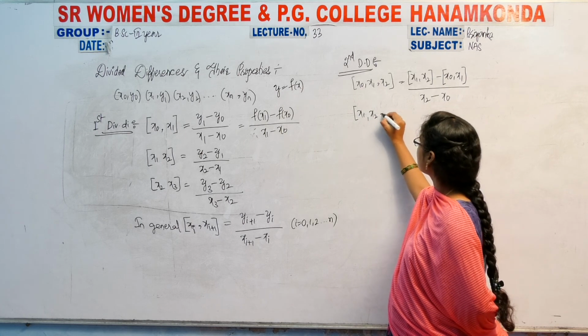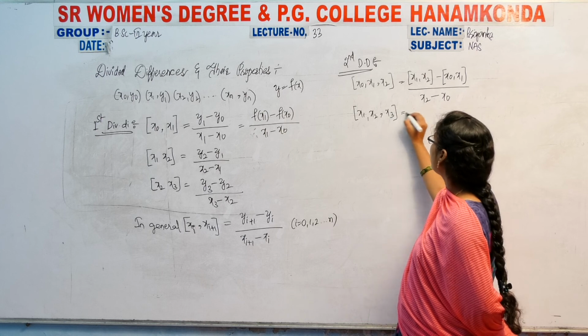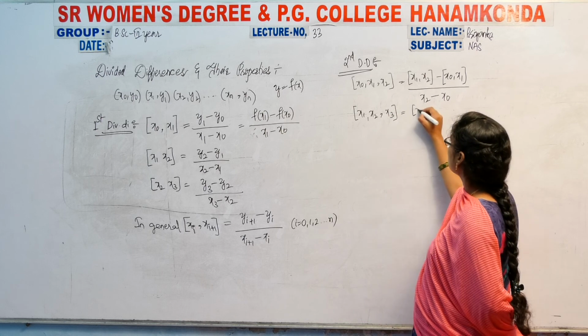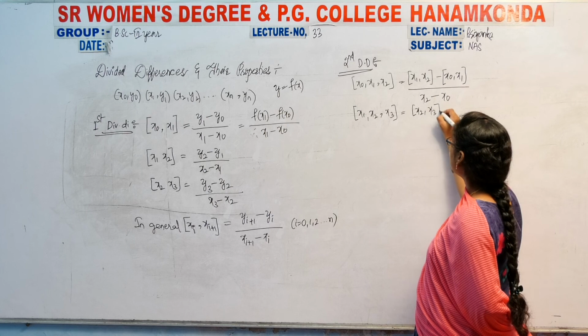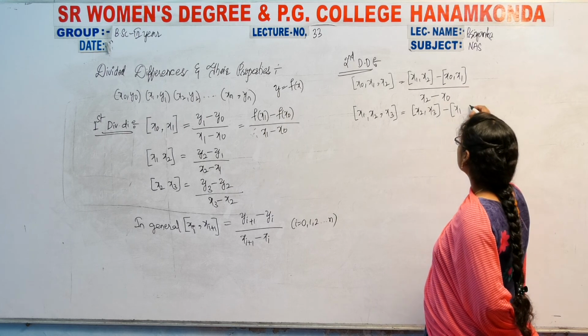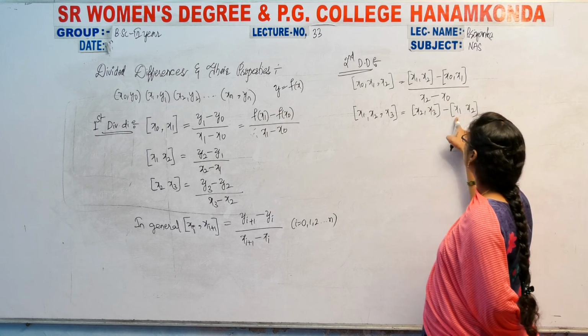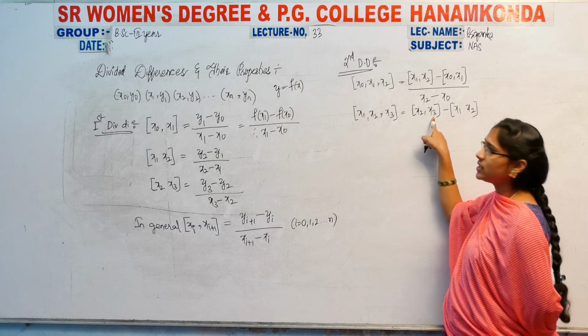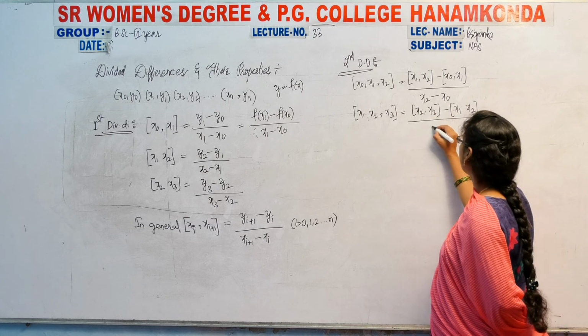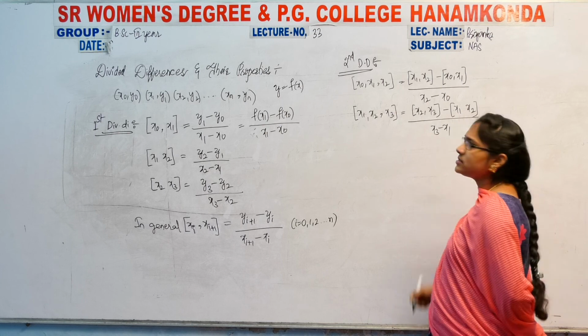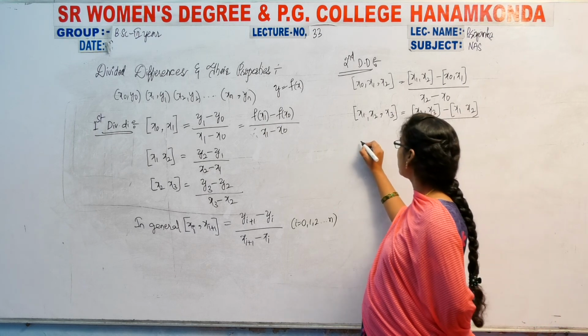Now x1, x2, x3. What will be the formula? First these two: [x2, x3] minus [x1, x2], divided by x3 minus x1. Next, so on.